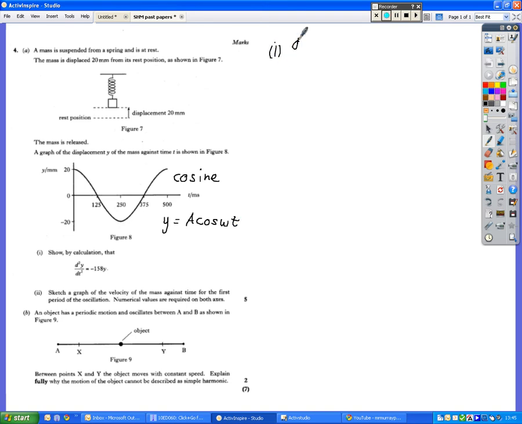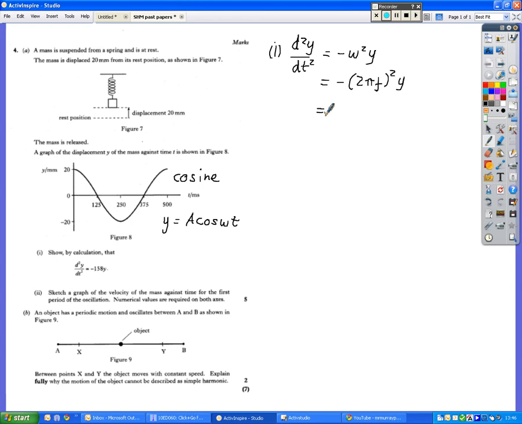And if you look in your data booklet, you get this expression. Now remember that omega is not to be confused with angular velocity, it's angular frequency, in other words how fast something is oscillating, and it's equivalent to 2 pi f. So this is negative 2 pi f all squared multiplied by y.